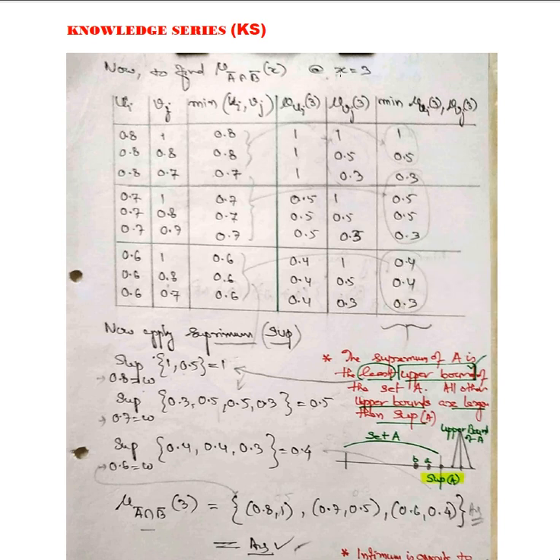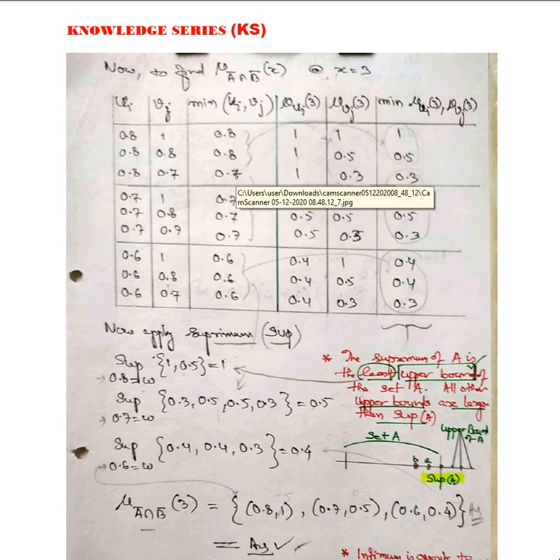Now once you got this value, the next stage is that you have to find the supremum. Before we find this particular supremum, we have to make the arrangement with respect to the grouping. Here there are three groups. The 0.8 is one group, 0.7, 0.6.